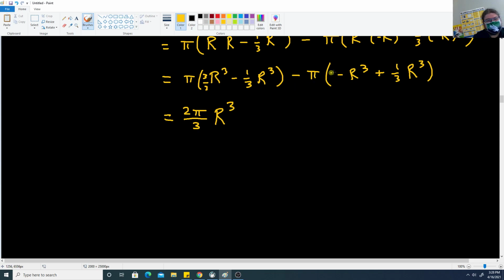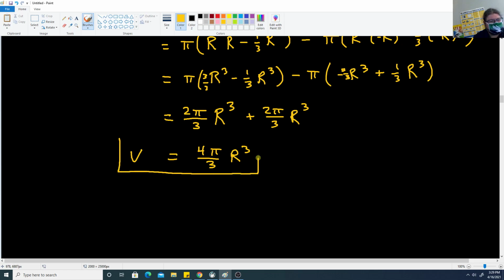We have negative 3 over 3 R cubed plus 1/3, that's negative 2/3 R cubed, minus pi times negative 2/3 R cubed. Minus the negative is positive, so this will be positive 2 pi over 3 R cubed. 2 pi over 3 R cubed plus another 2 pi over 3 R cubed will be a total of 4 pi over 3 R cubed. And that will be the volume of our sphere.